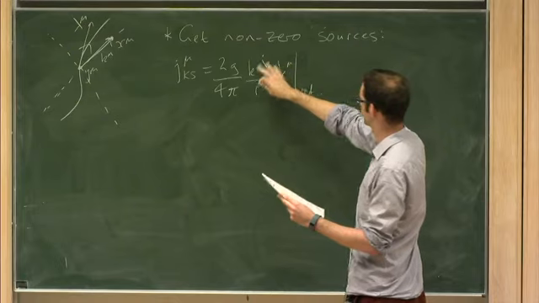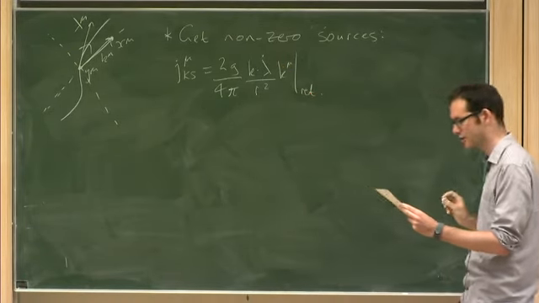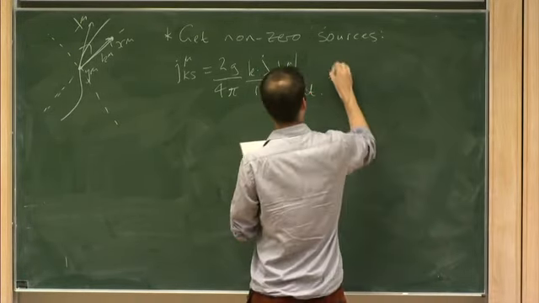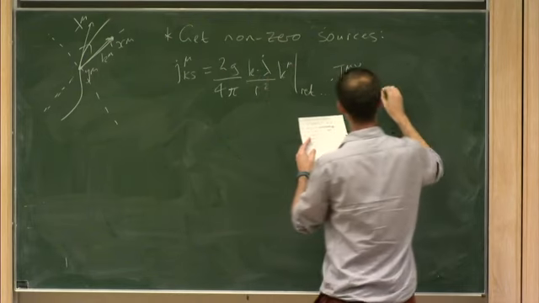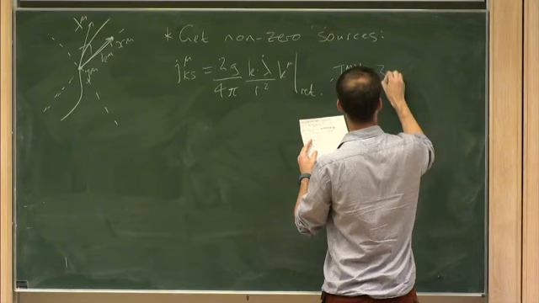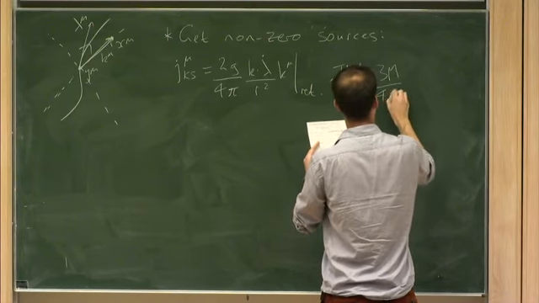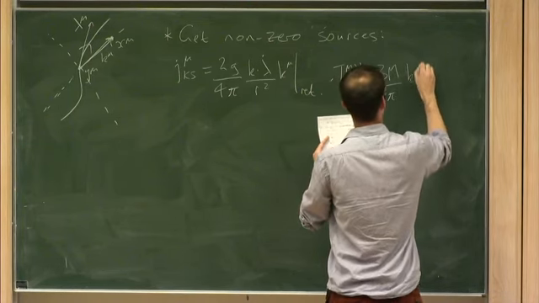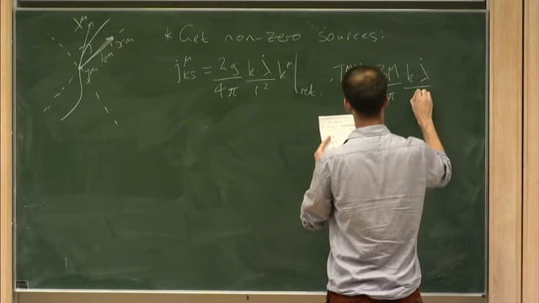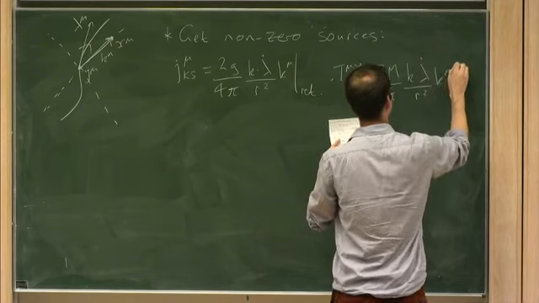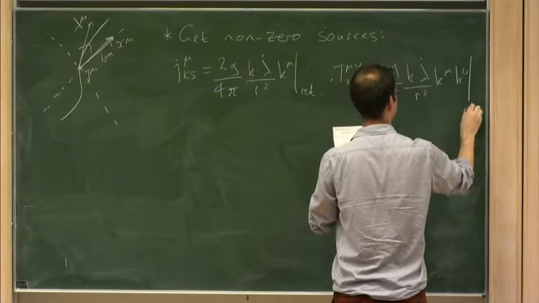So this is proportional in some sense to the acceleration. And then in gravity I get something that looks like T mu nu Kerr-Schild is 3m over 4 pi k dot lambda dot divided by r squared k mu k nu, where again everything is evaluated at the retarded time.